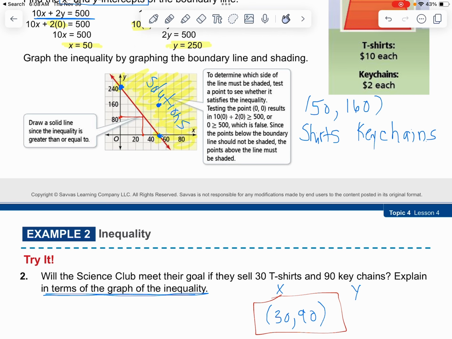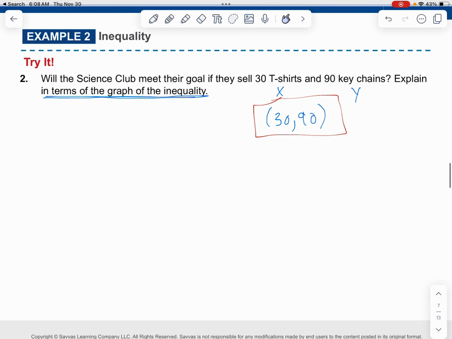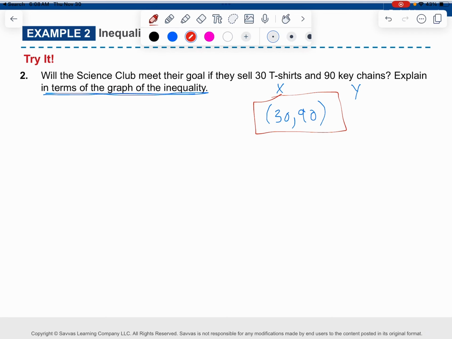Okay, now how you can confirm if it's not a solution is by plugging it into the inequality. So our inequality is 10x plus 2y should be greater than or equal to 500.